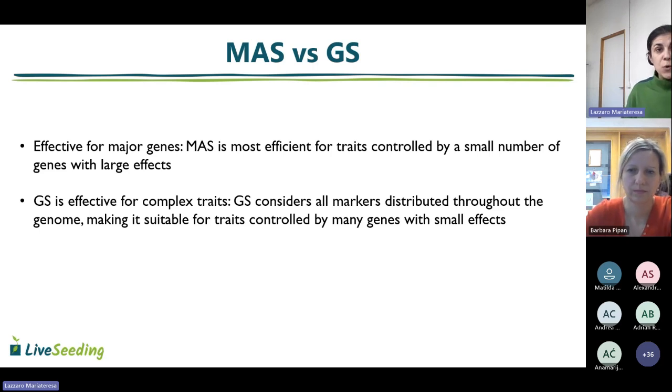Michael in the morning has already pointed out the key aspect here, which is that if we have a few major genes that determine the trait of interest, then we can have good success with marker-assisted selection, while genomic selection is much more useful when we consider very complex traits which are controlled by many genes with small effects.